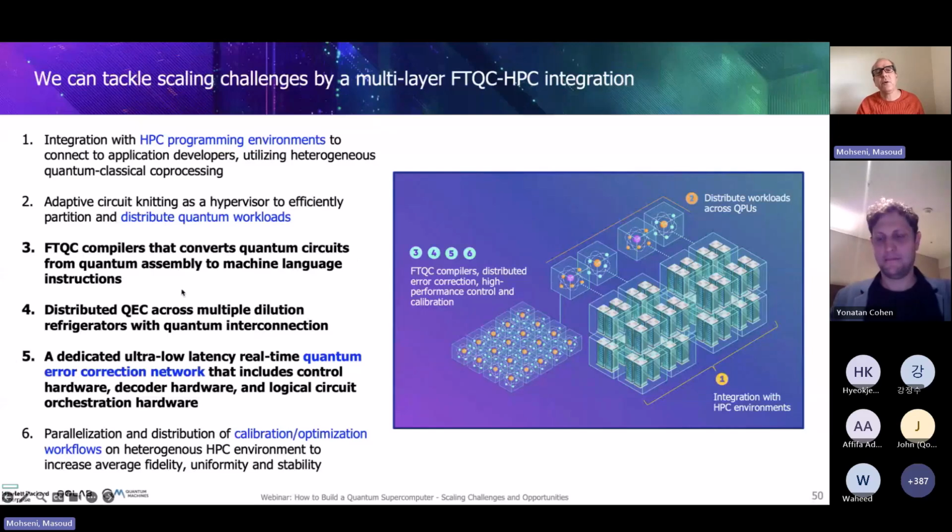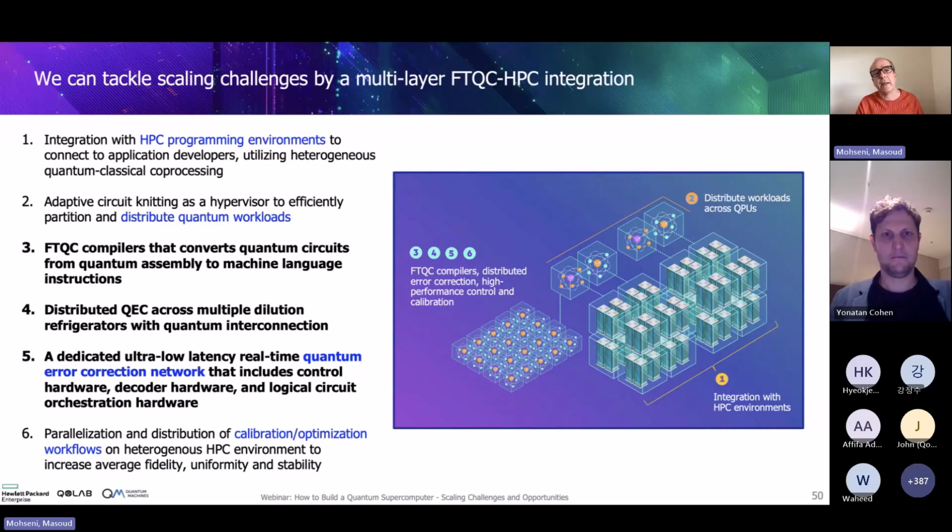But you need to also tackle tight integration with the software stack for quantum error correction. So basically, you need to have a quantum operating system, which includes a compiler, assembler, and emulators. I'm going to discuss it later.